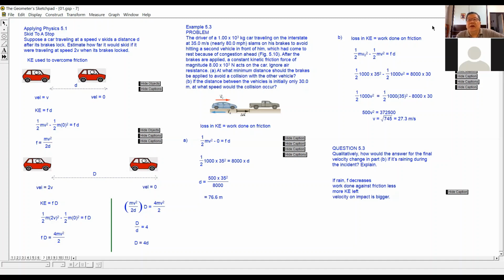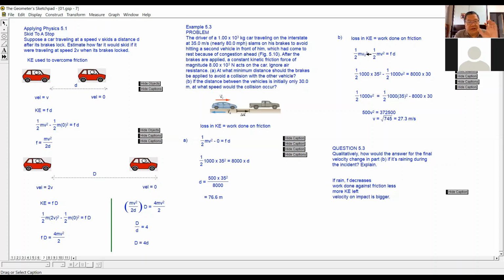So the initial velocity v naught is 35 meters per second. But the velocity before it hits the truck, we don't know. So we call it half mv squared.